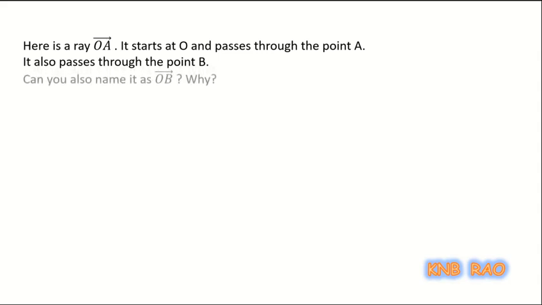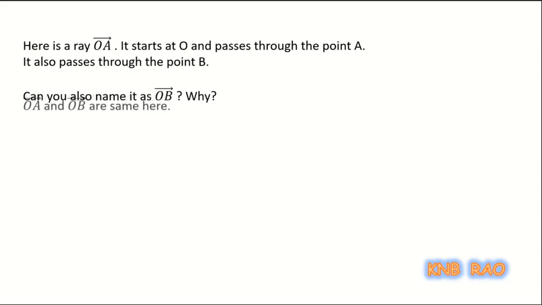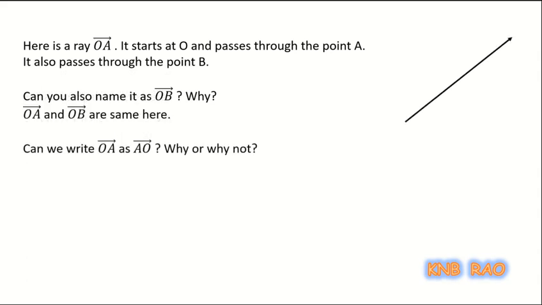Here is the first ray OA, and here the starting point of this OA ray is O, and this is passing through a point A. Suppose it passes through another point also, let us say that point is B. So, can you name this ray OA as OB?